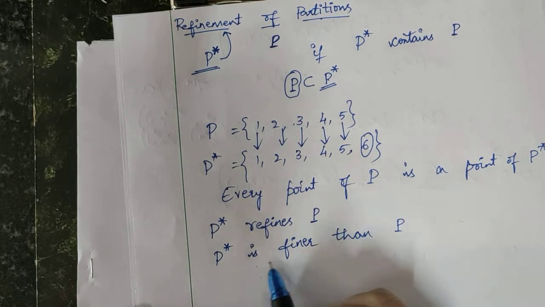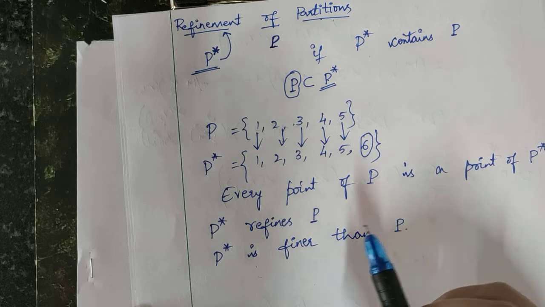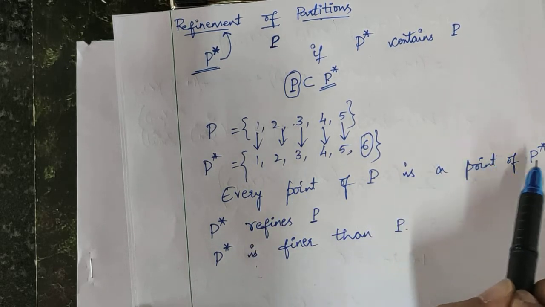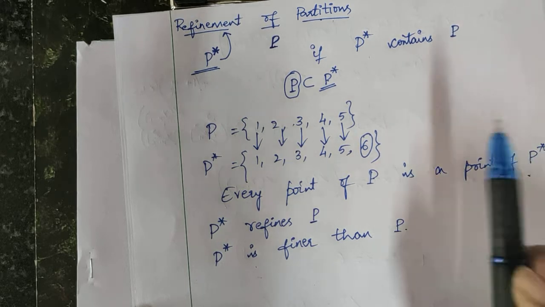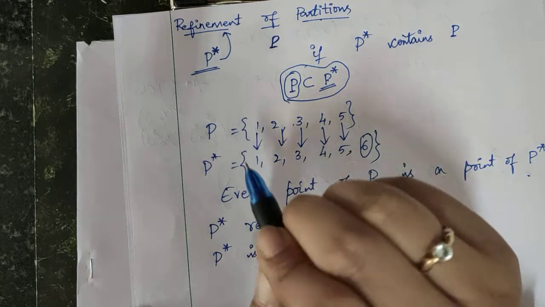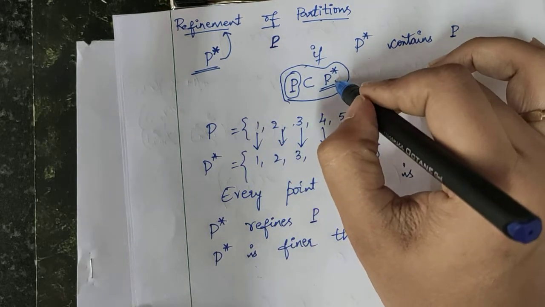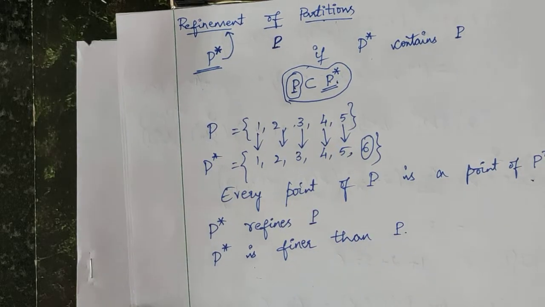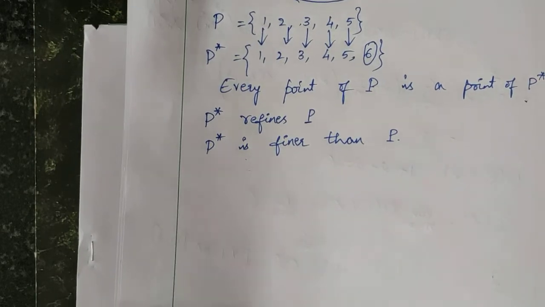So we say P star is finer than P. Or you can just say every point of P is a point of P star. That is nothing but P is contained in P star, or I can say P star contains P. This is how we define refinement of partitions.